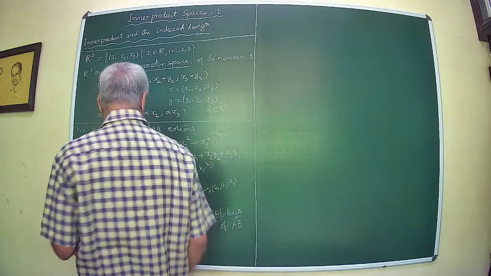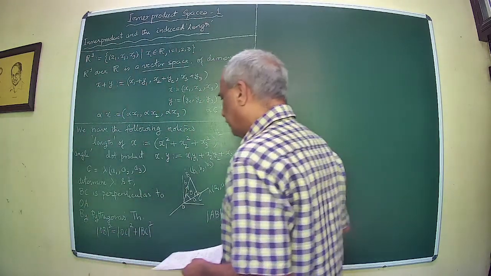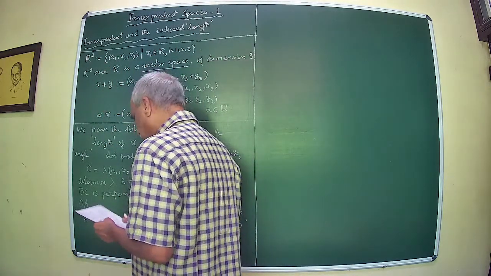This is the Pythagoras theorem, OB square equal to this.